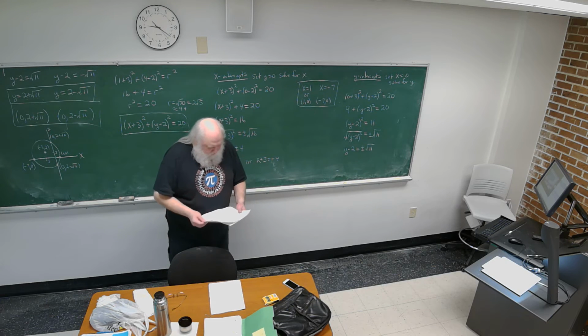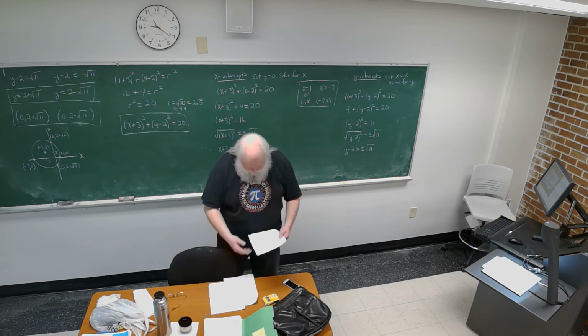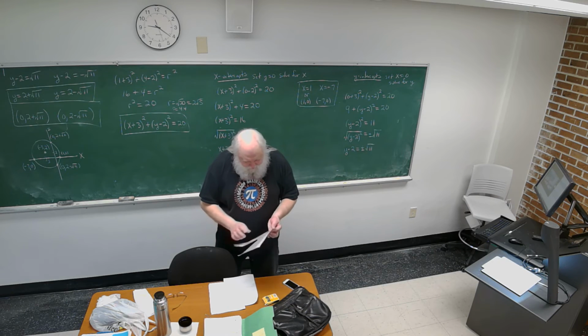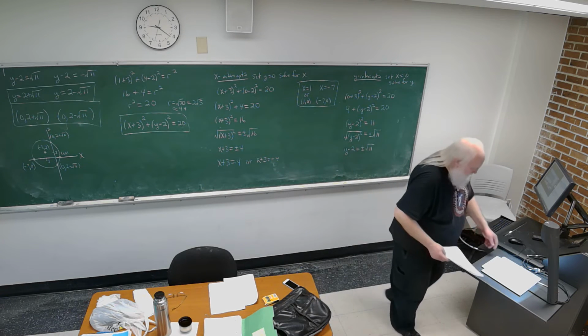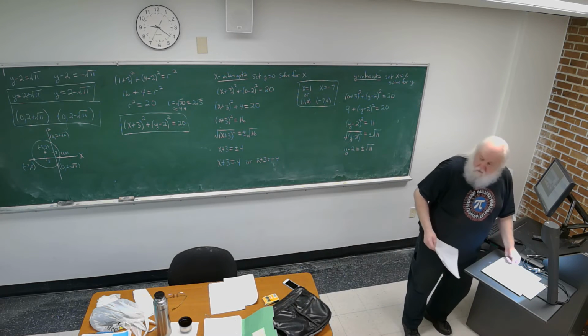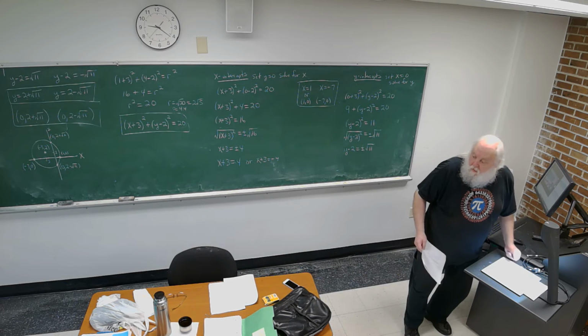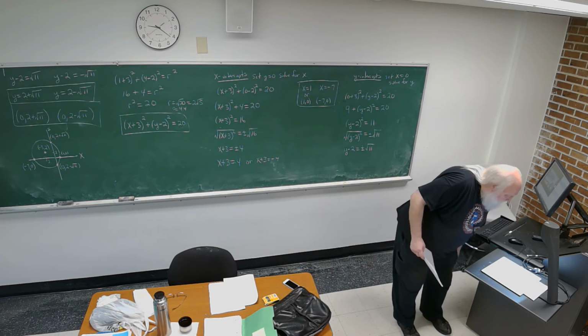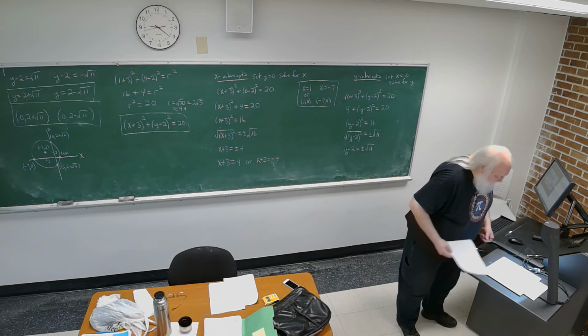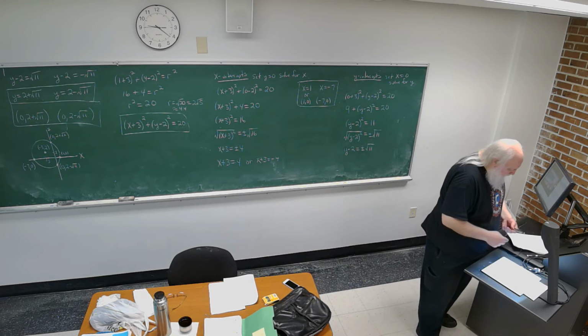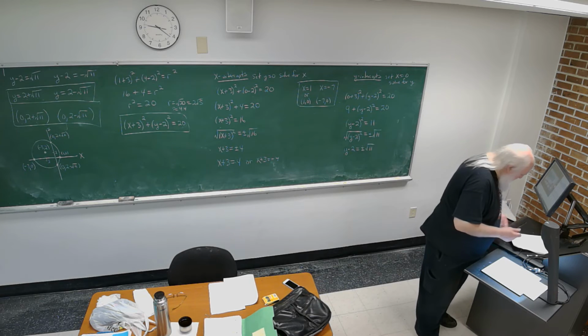All right. So let's take a look at the next problem, the bottom of page 2. It says, find an equation of circles centered at -4, -1 that is tangent to the vertical line x equals -1.